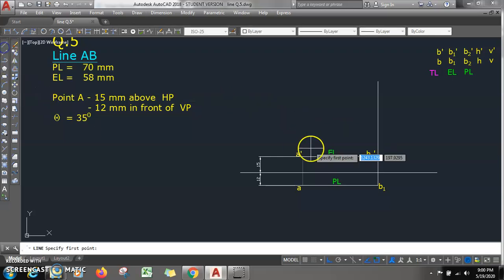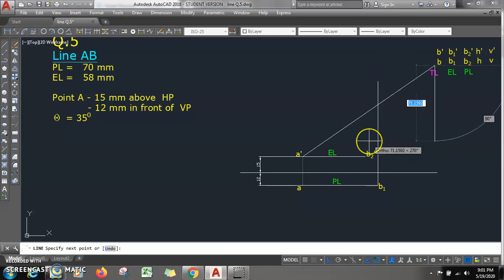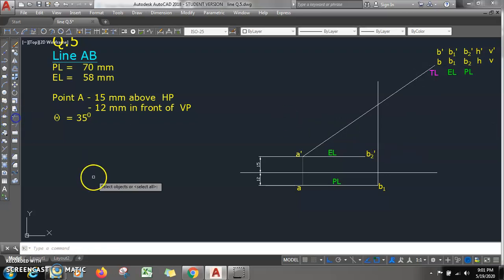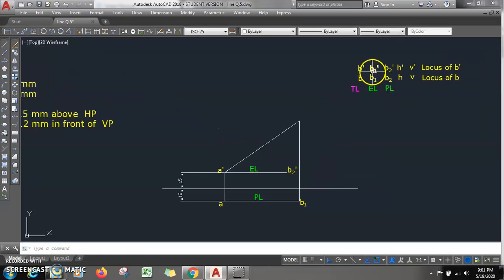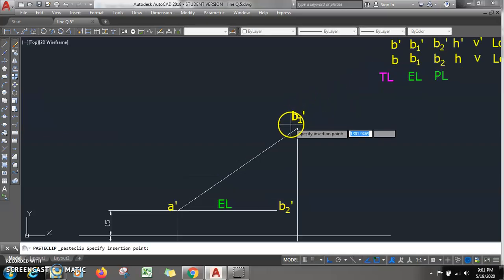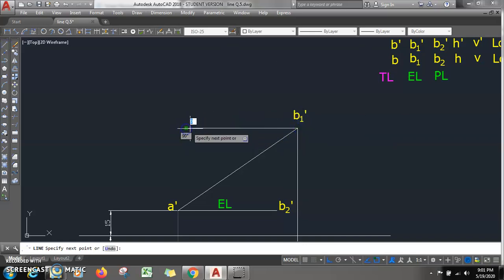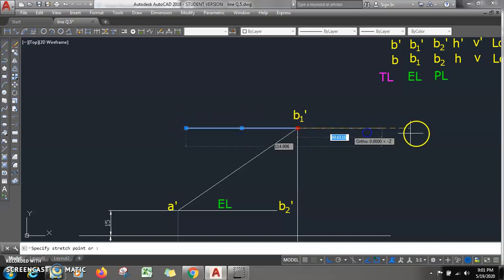So take a line from A dash, some length, let us say 150, at an angle of 35. It will cross the vertical line like this, and you can trim the excess line. So this point will be B1 dash, and the line passing through B1 dash is the locus of B dash.